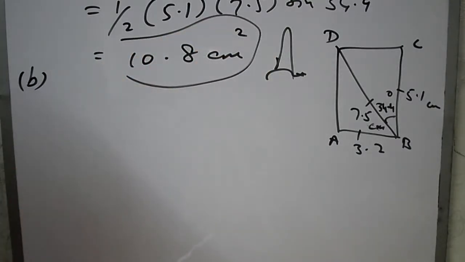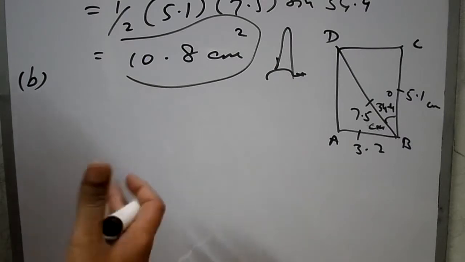Okay, now coming to the part B, we have to find the size of obtuse angle ABD. First of all we have to find the area of triangle ABD, then we have to find the obtuse one.